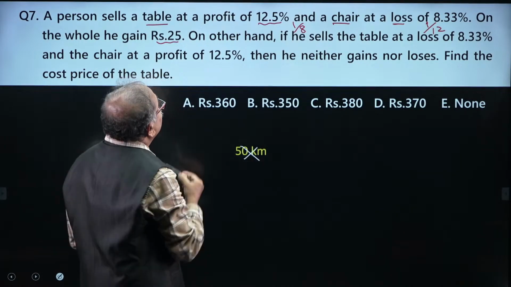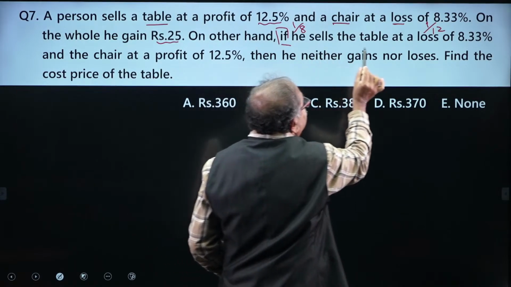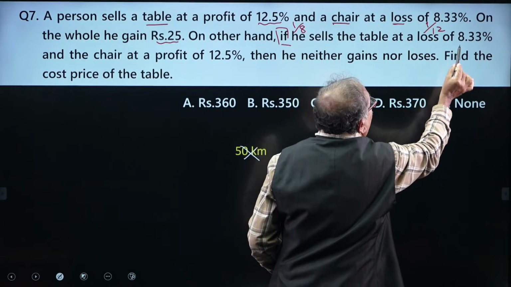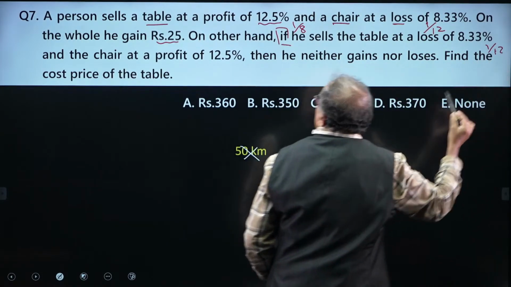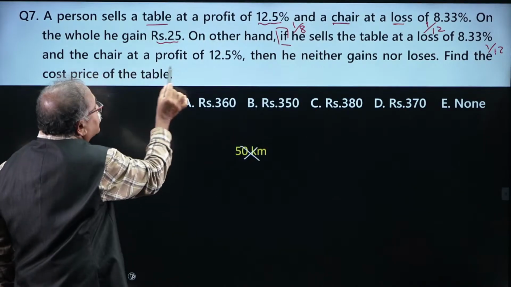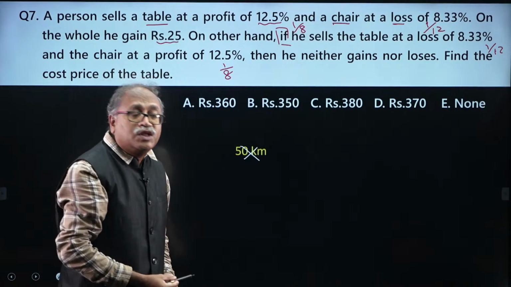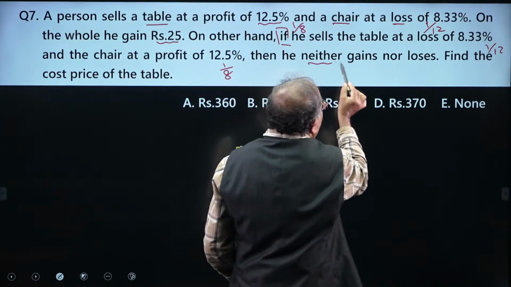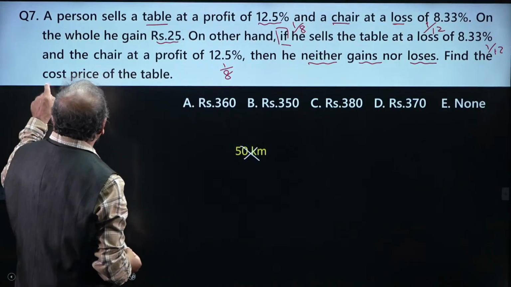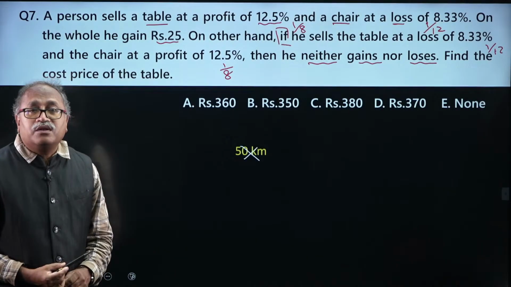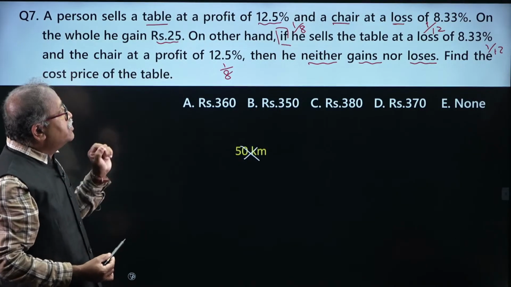On the other hand, if he sells the table at a loss of 8.33%, that means 1 by 12, and the chair at a profit of 1 by 8, then there is neither gain nor loss. Find the cost price of the table. Okay. The second one is very helpful.